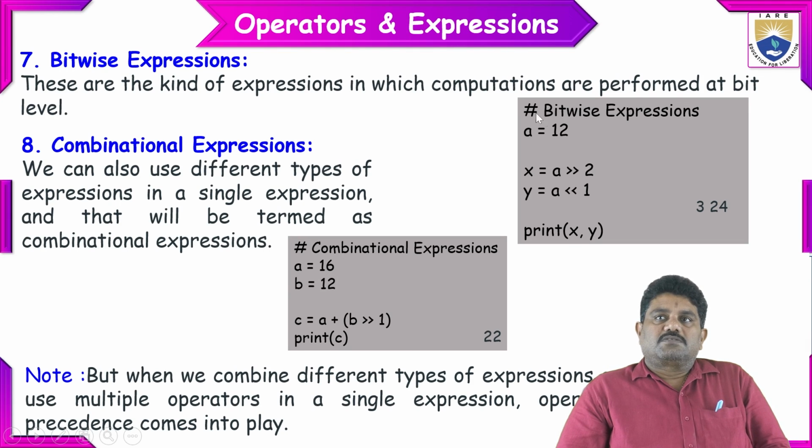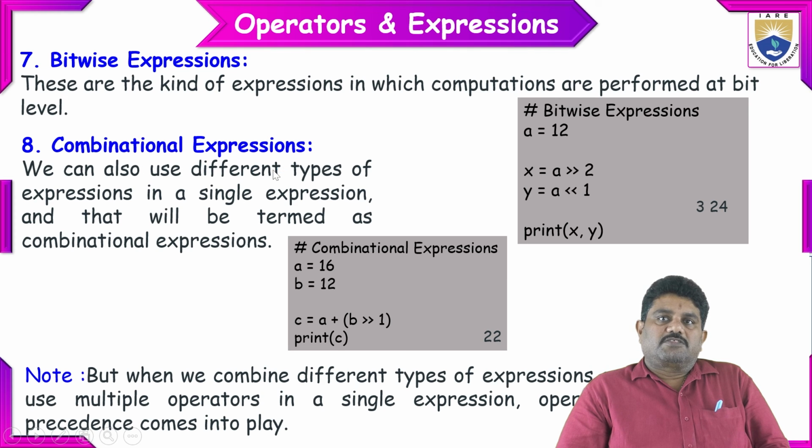Bitwise expressions and combinational expressions. Bitwise expressions are the kind of expressions in which computations are performed at bit level, like a >> 2, a << 1. These are the bitwise right shift and bitwise left shift operators, and such expressions are called bitwise expressions.